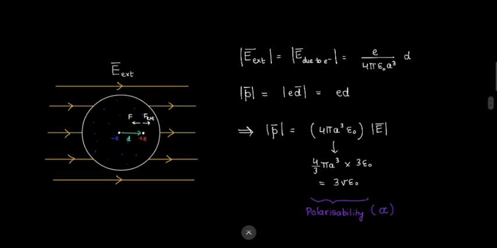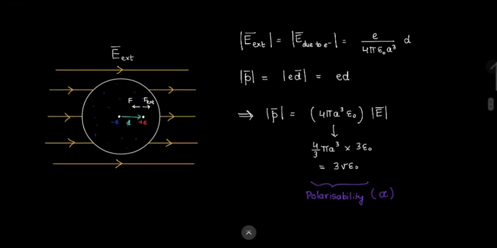And the dipole moment is given by E into d vector. Since I'm taking magnitudes, it's just Ed. If you compare these two equations, we'll get this one. Dipole moment is proportional to electric field. So the constant of proportionality is called polarizability. It's denoted by alpha. In this case, it is 3 times volume times epsilon naught. Epsilon naught is the permittivity of free space.